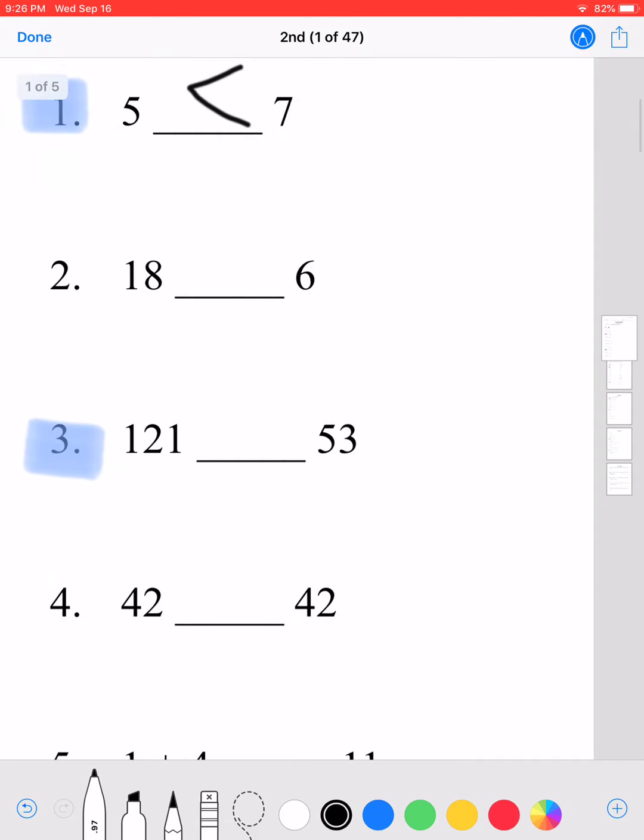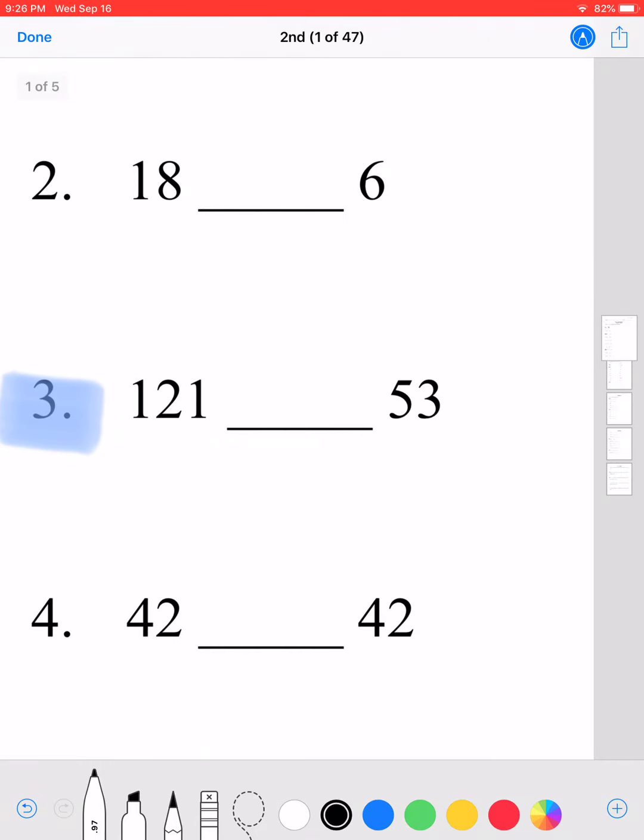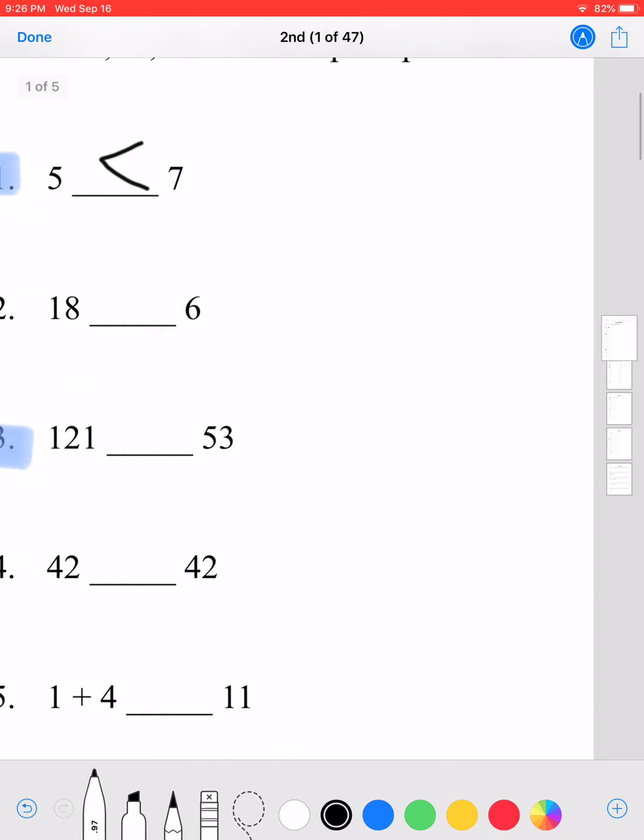We know that's true. Okay, so now we have number 3, we have 121, and we're going to compare it to 53. This one has 3 digits and this one has 2 digits, so we can rewrite it to make it a little easier. Because we haven't gone over hundreds yet, we can do 121 right here, compared to 0, 53.